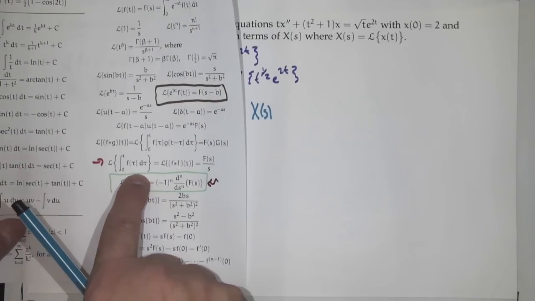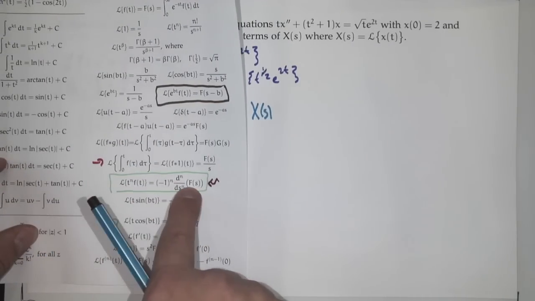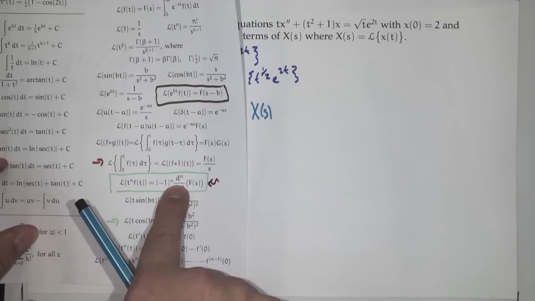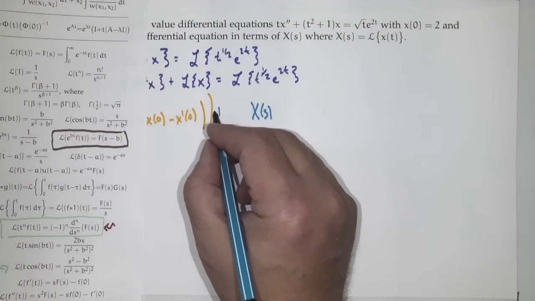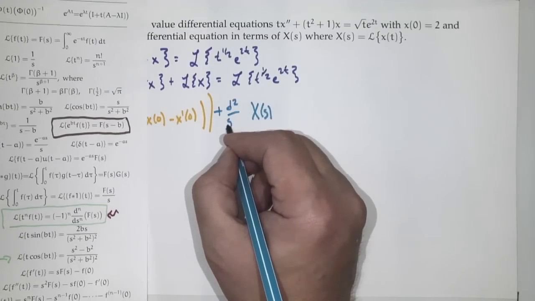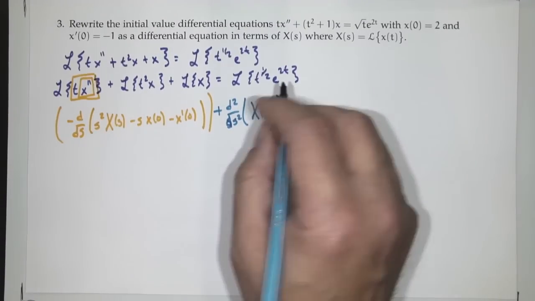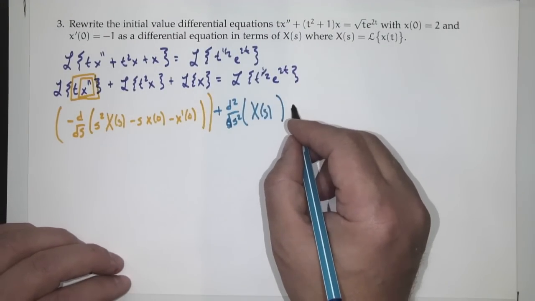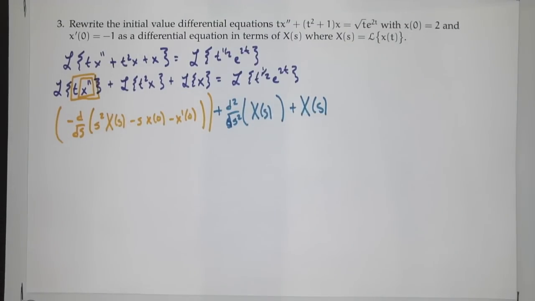T squared, we find it on our sheet somewhere, tells us to do 2 derivatives. And minus 1 to the 2 says we're going to add 2 derivatives. Oops, d s squared. All right, Laplace transform of x is, well, just x. That's not so bad. Equals.